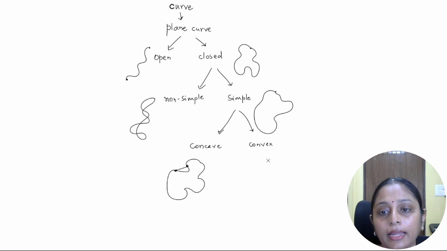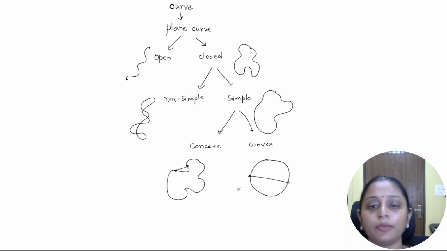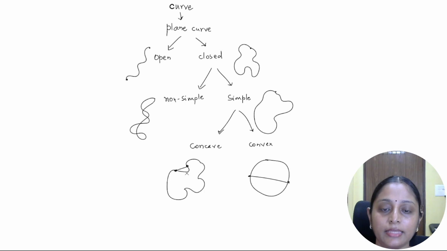And if it always lies entirely inside, then it is called convex. This is a convex because if I join any 2 points, it is always going to lie inside. If the line segment happens to lie outside in one or more instances, then it is called concave, otherwise it's called convex.